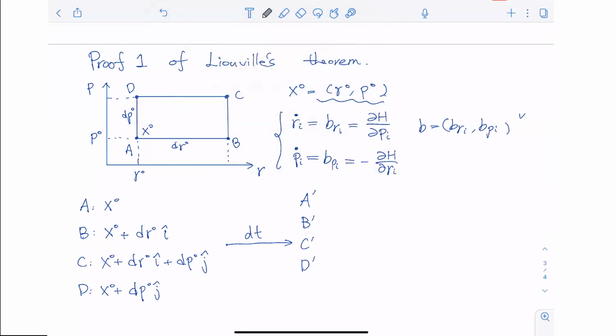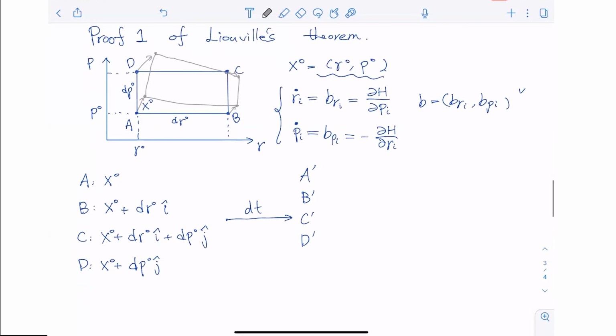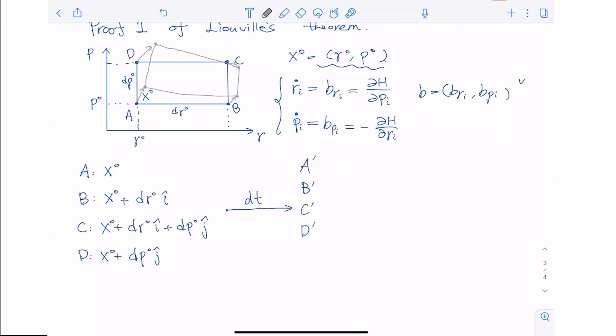Maybe after the evolution, D will move somewhere here, A somewhere here, C somewhere here, and B somewhere here. The shape of the volume might be a bit distorted, but it doesn't matter. We are just trying to get an approximation of the size of this volume. Let me denote these new points as A prime, B prime, C prime, and D prime.